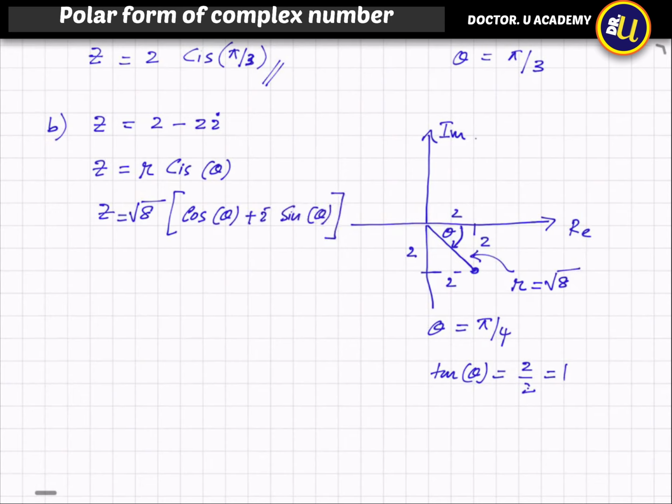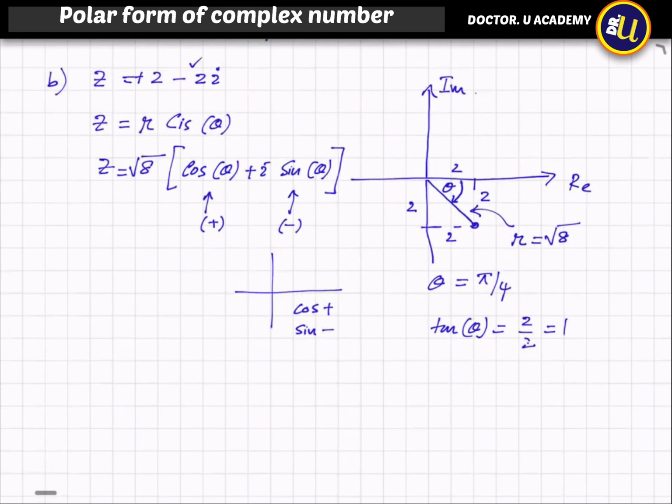By looking at the values here, you can see the imaginary part is negative and this is positive, right? So that means sine should be negative and cosine positive. So which quadrant are we looking at? We are looking at the fourth quadrant. Why? Because here cos is positive and sine is negative. See, that's how you logically think. So now the angle is 45.